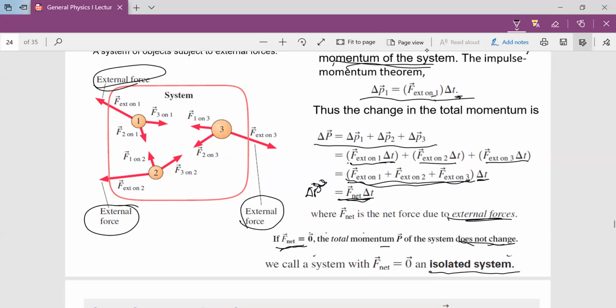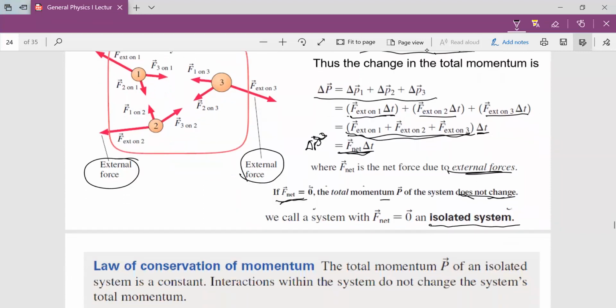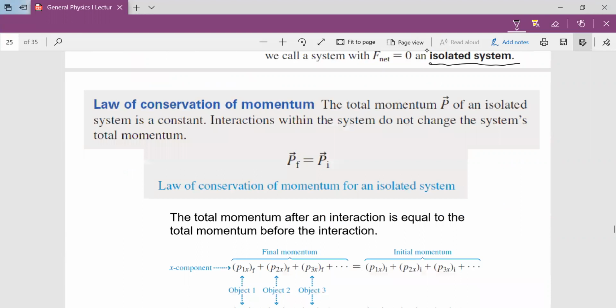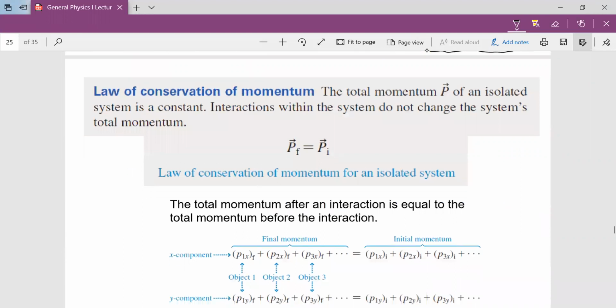Okay. So that gives us the summary of what we mean by the law of conservation of momentum, that the total momentum of an isolated system is constant. So when we use the word isolated system, you know what we mean.